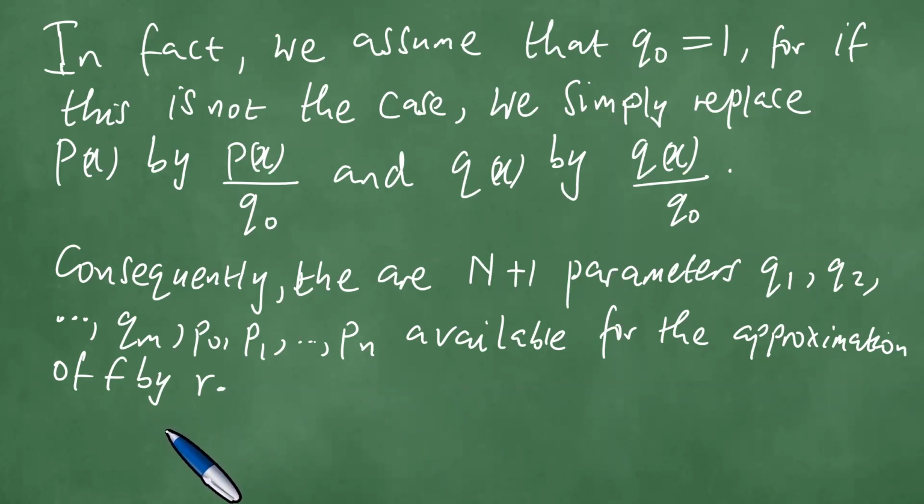Okay, we shall understand what this means. So as a consequence, you have these parameters, which are Q1 up to Qm and P naught up to Pn, available for the approximation of f by R. Why do we have P naught up to Pn?